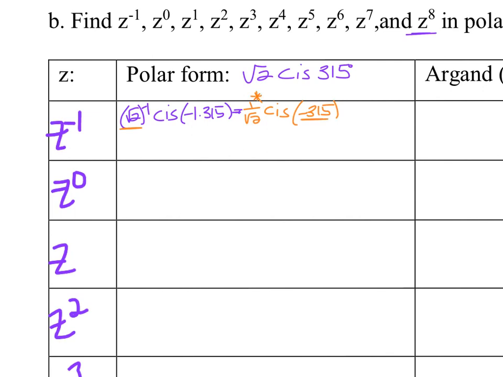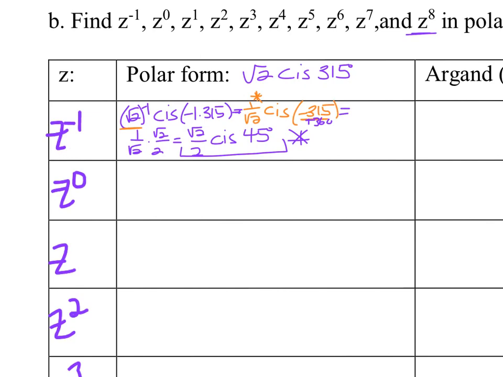So let's convert 1 over square root 2 by rationalizing the denominator, and you get square root 2 over 2, cis. If we're at negative 315, we're going to have to add 360 to that, and that would put us at 45 degrees. That's our answer for z to the negative 1 in polar form.